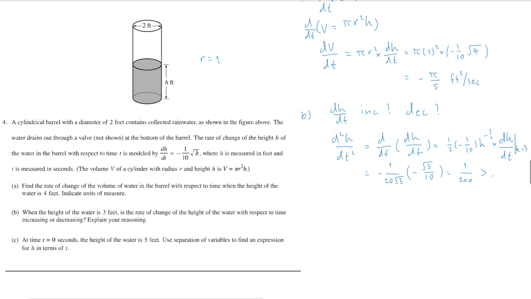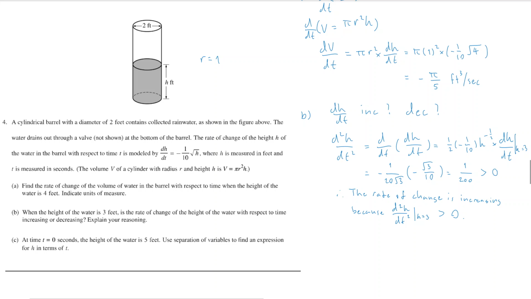It's positive. Therefore, we can conclude that the rate of change of the height of the water with respect to time at h equals 3 is increasing, because d squared h/dt squared at h equals 3 is greater than 0.